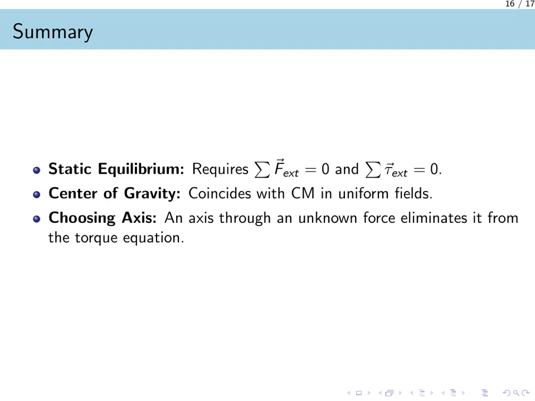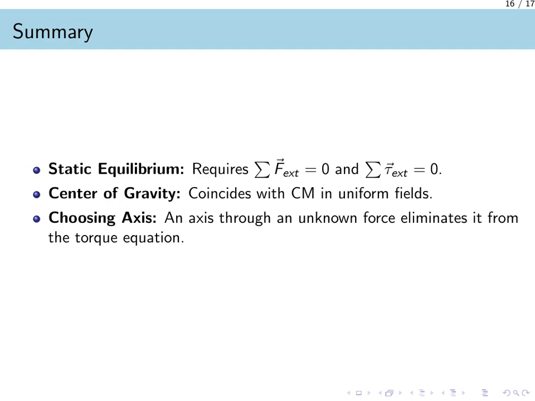Second, the net external torque about any axis must also be 0, which prevents any rotational acceleration. When calculating the torque due to gravity, we treat the object's entire weight as acting at a single point, its center of gravity.